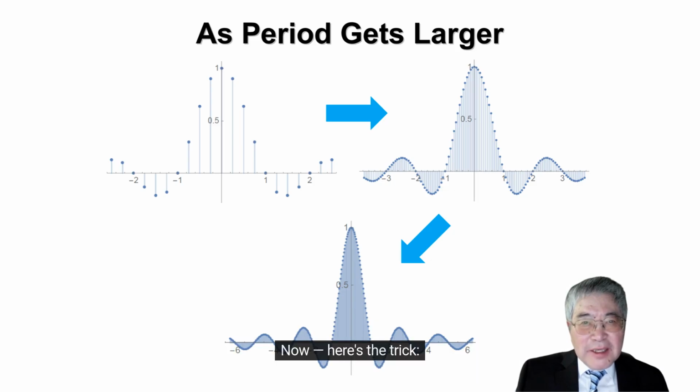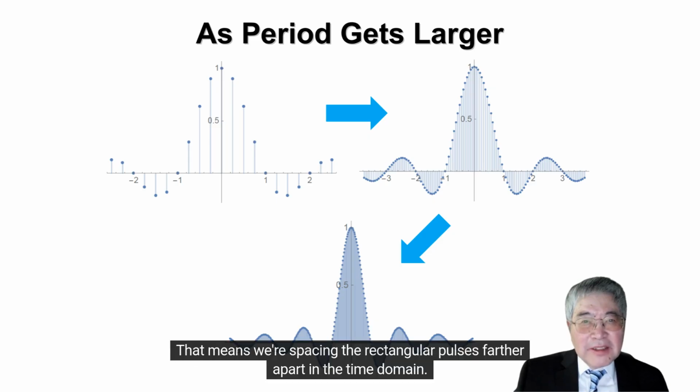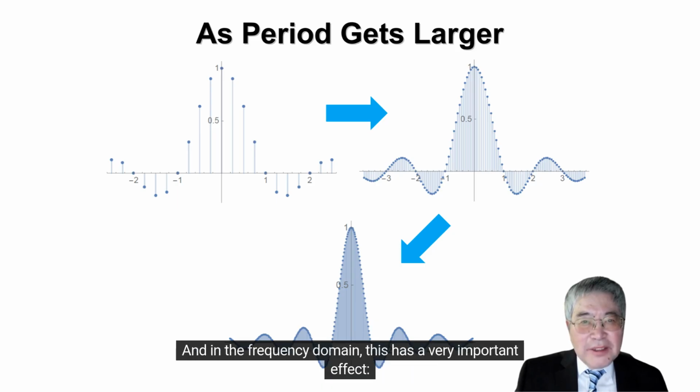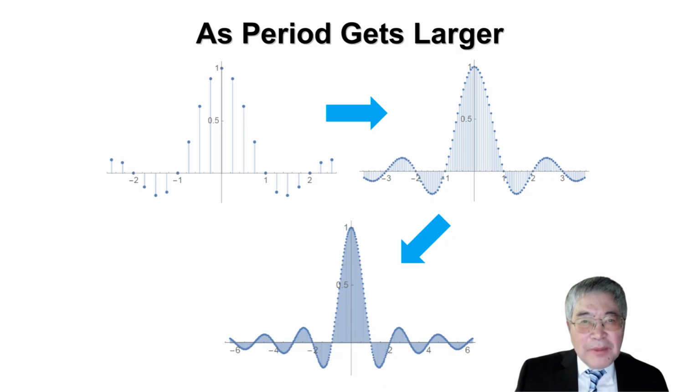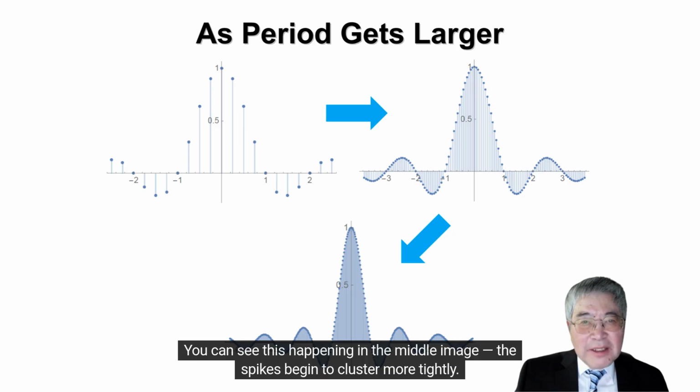Now, here's the trick. We begin to increase the period T of the function. That means we're spacing the rectangular pulses farther apart in the time domain. And in the frequency domain, this has a very important effect. The spacing between the Fourier components, which is 1 over T, becomes smaller and smaller. You can see this happening in the middle image. The spikes begin to cluster more tightly.